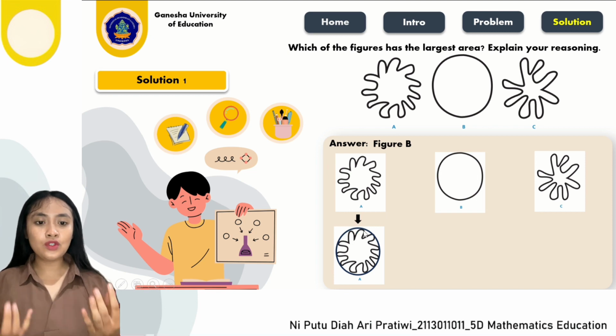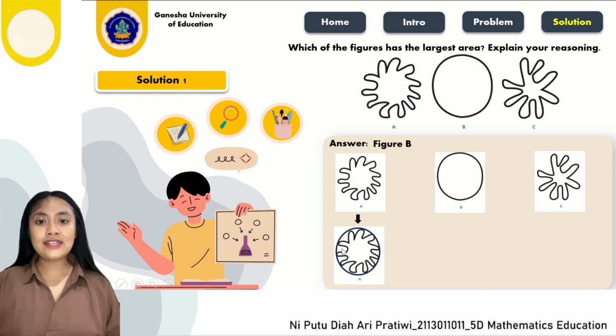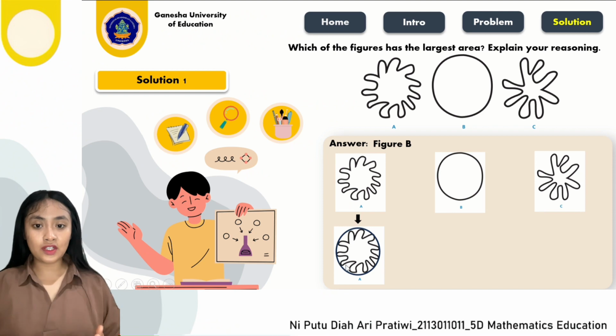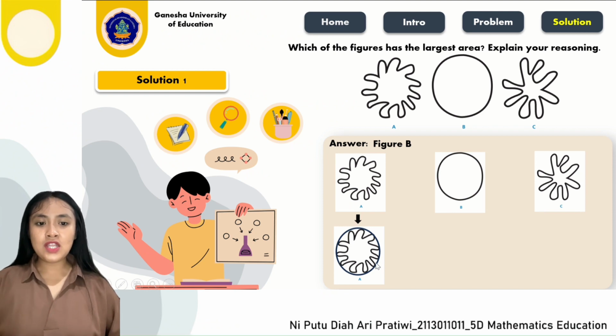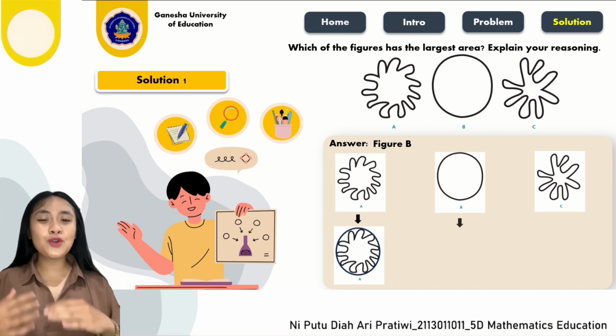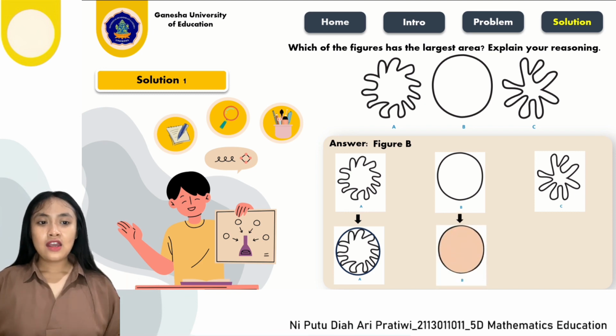So we can conclude that the area of figure A is less than the area of the circle, right? And then with the same circle, let's compare the circle with figure B. And we can see that figure B covers the area of the circle. So we can conclude that the area of the circle is equal to the area of figure B, right?